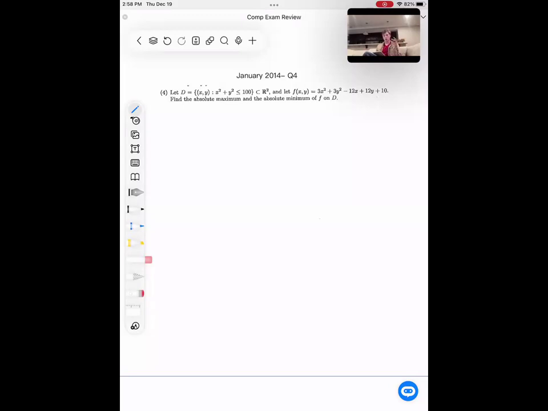So the question reads, let D be the set of points x, y, such that x squared plus y squared is less than or equal to 100, and let f of x and y be 3x squared plus 3y squared minus 12x plus 12y plus 10. And it asks us to find the absolute maximum and the absolute minimum of f on D.